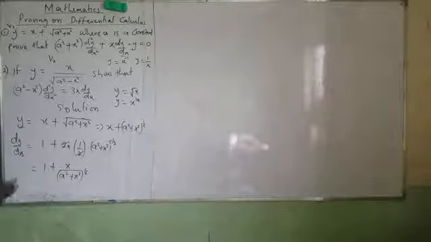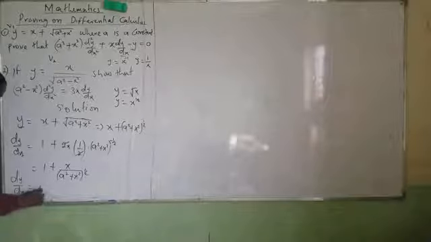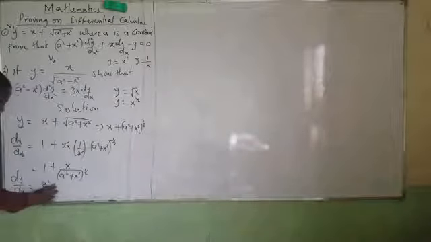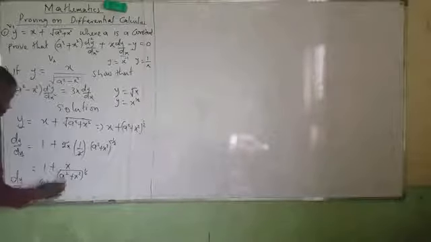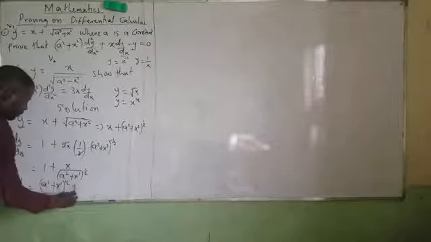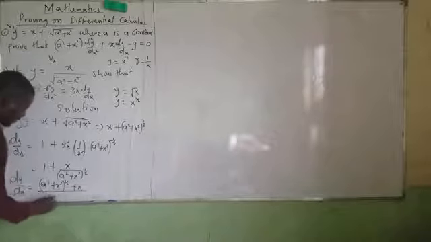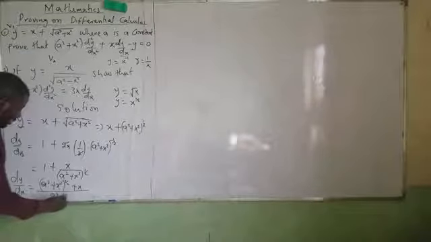Now it means my dy/dx will be equal to (a squared plus x squared) to the power of 1 over 2 plus x, everything divided by (a squared plus x squared) to the power of 1 over 2.